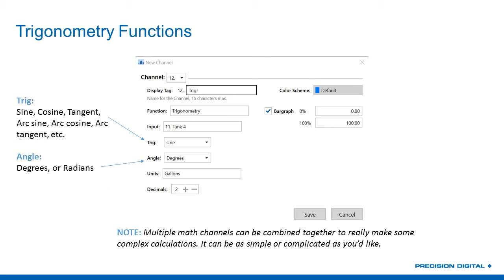We could do all sorts of different trig functions: sine, cosine, tangent, arcsine, arccosine, arctangent, and a whole lot more. Again, I'm not entirely sure the exact usage for this math function, but I figured it's at least good for everyone to know that it's there. And again, if you can tell me why you would want to use trig in our industry, please do let me know. There'll be some extra credit for you there.